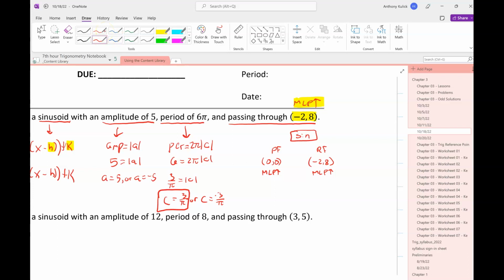Notice that we've chosen now to use sine because we're taking our parent function and transforming it to the same kind of point. That tells us that our value for A needs to be positive.